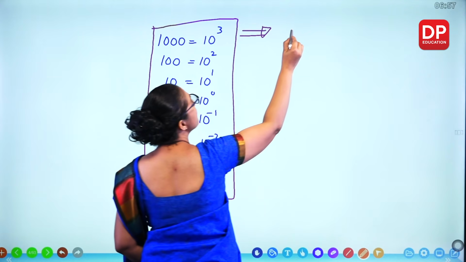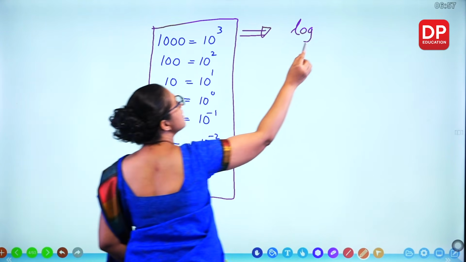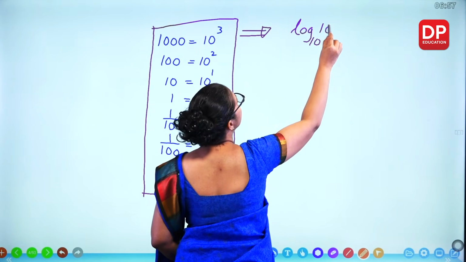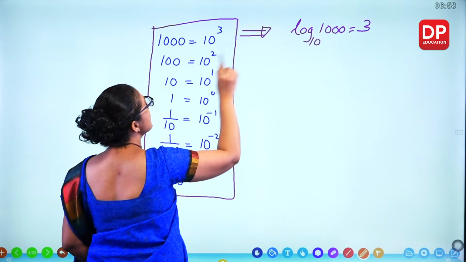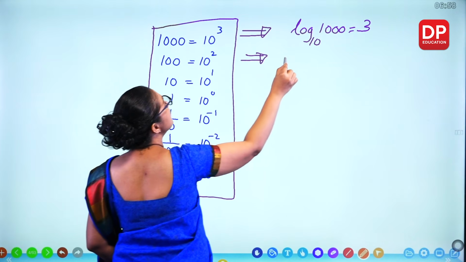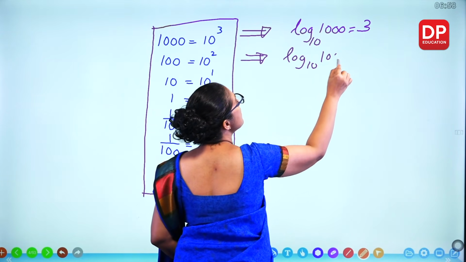What you get? Log, base is 10. And the number is equal to the index. Here, log 10 base, 100 is 2.